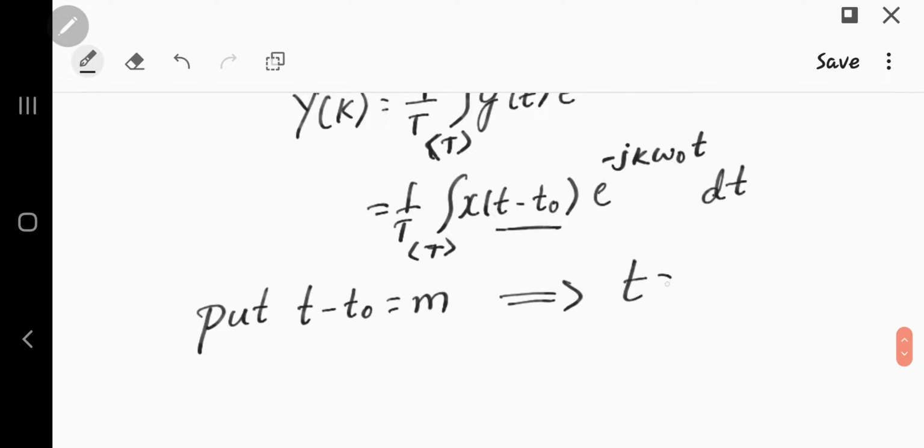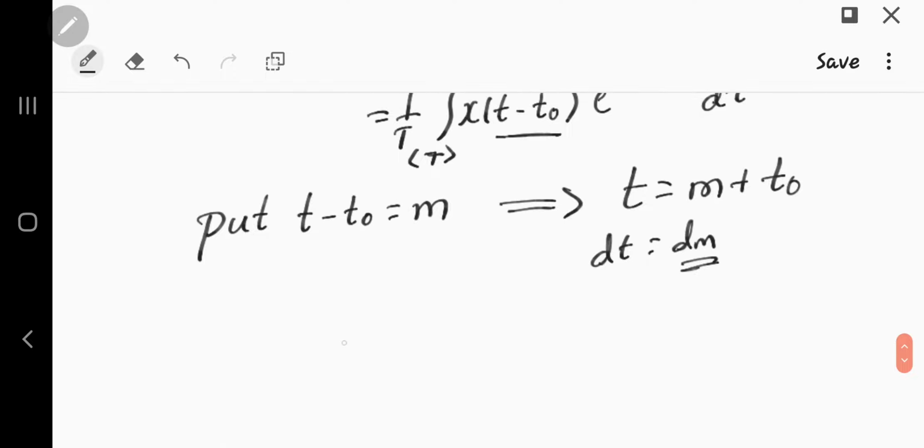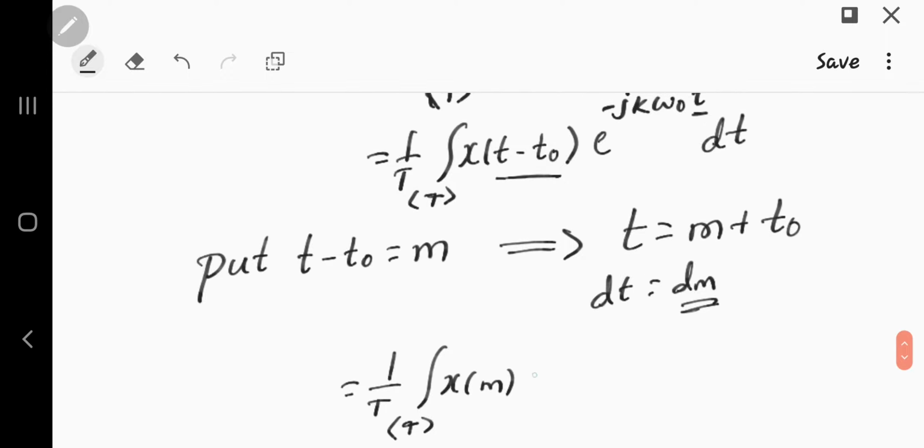So that means t will be equal to m plus t naught. Okay. So we have t here which has to be replaced, and dt will be equal to dm, I guess. So let's make these changes. So 1 by t. So the fundamental period will be the same. So x of t minus t naught will become x of m e power minus j k omega naught into m plus t naught dm.